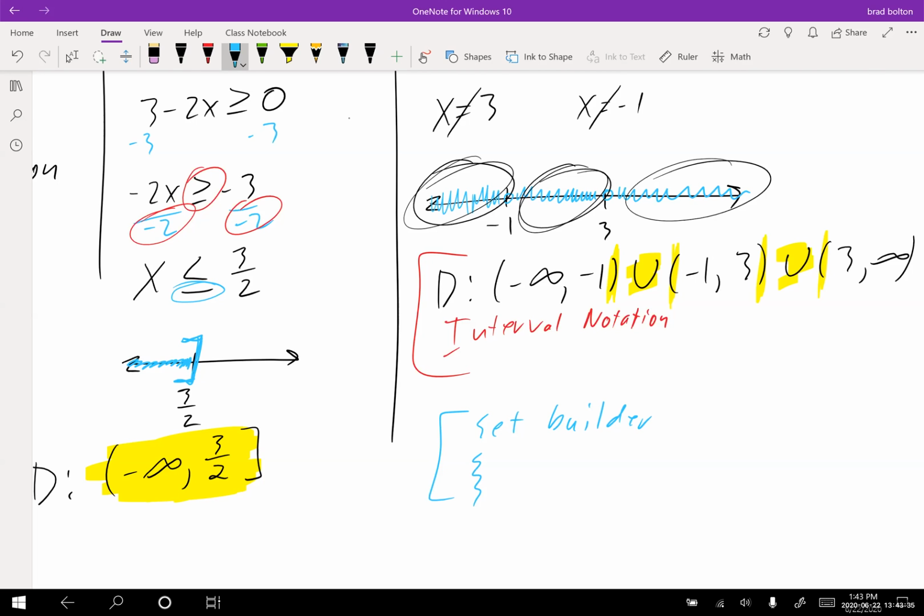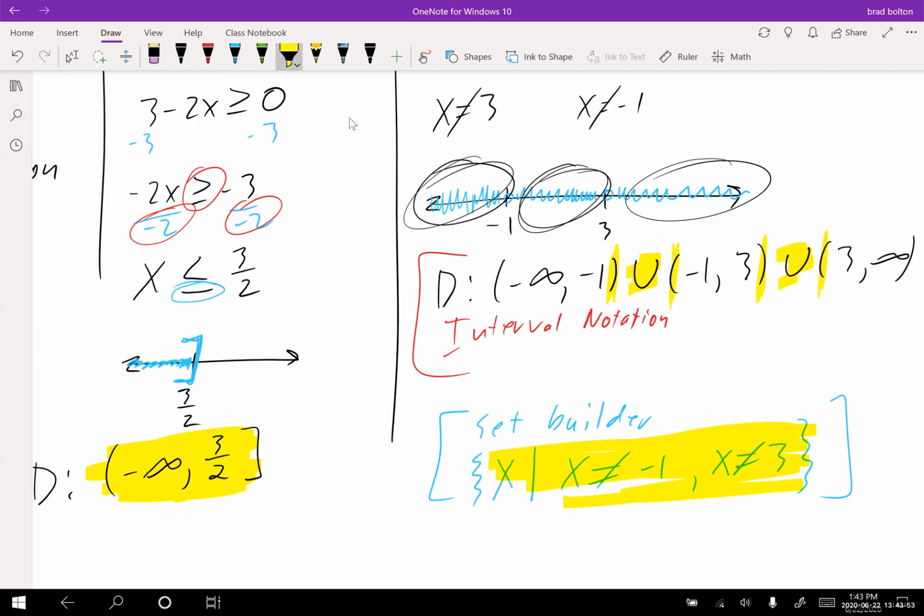So this is set notation: x such that x cannot equal negative 1, comma, x cannot equal 3, close the set. So this is also a totally acceptable way. If the problem asks for set builder notation, you just tell them what x cannot be.